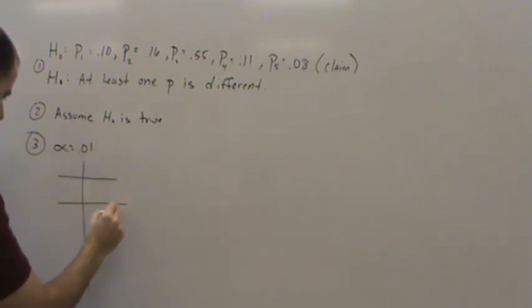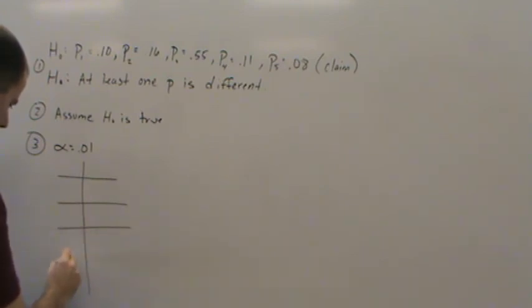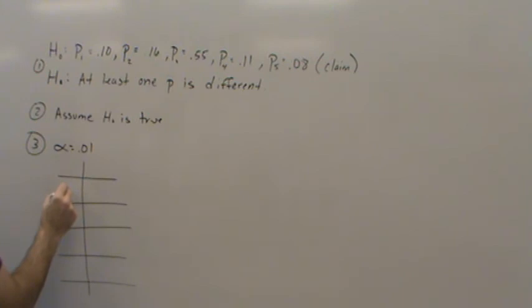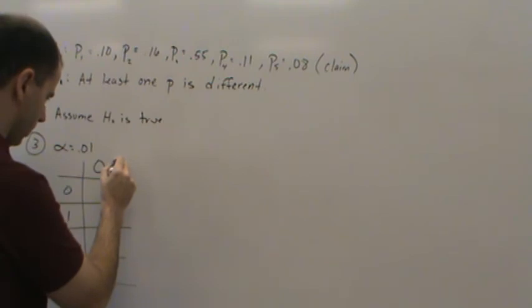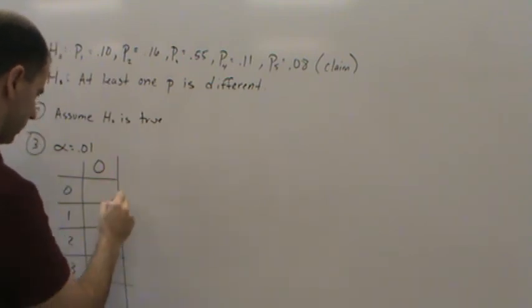So I have 5 categories. So I have 0, 1, 2, 3, and 4 plus televisions. So again, my sample size, well actually we're going to get to that in a minute. So let me do this.